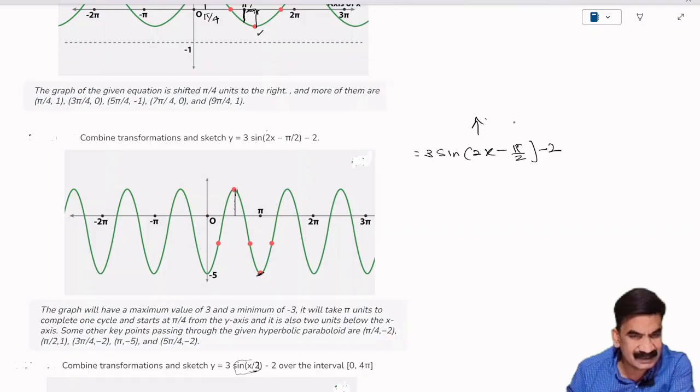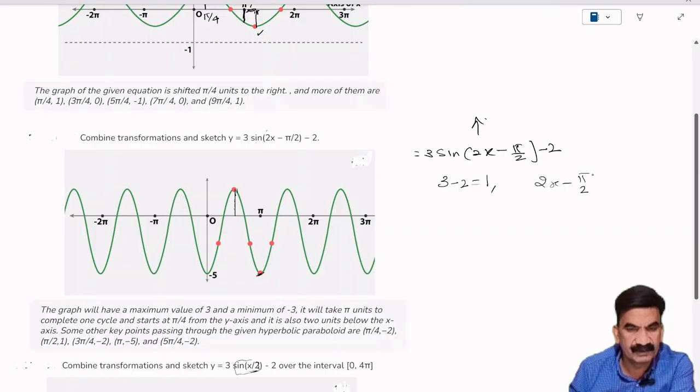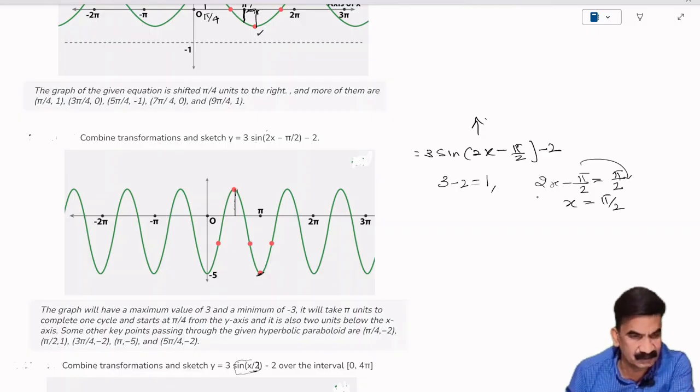When the sine value is 1, this becomes 3 minus 2 is equal to 1. If 2x minus pi by 2 is pi by 2, then 2x becomes pi, and x is equal to pi by 2. So at x equal to pi by 2, the graph will attain its maximum value. You can see here, this point is pi by 2.